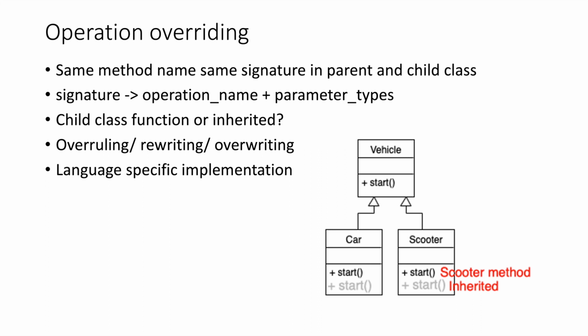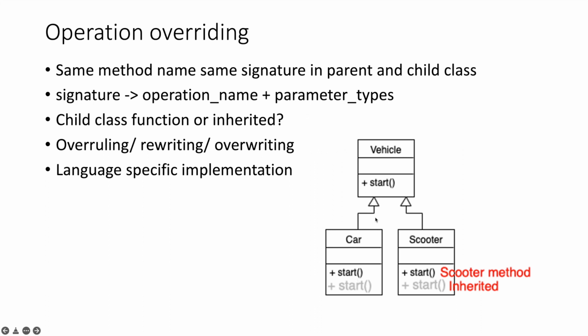But in operation overriding the signature remains the same in the parent and child class. And of course this is in the parent and child class. In the same class we cannot override or overrule a method. Now, signature we have seen is the operation name and parameter types, just for revision purposes.